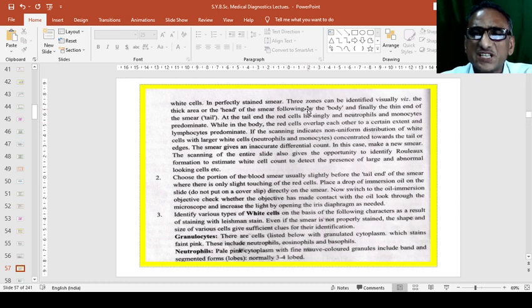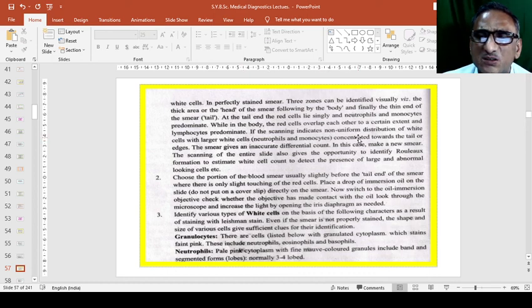Three zones can be identified visually: the thick area at the head of the smear, followed by the body, and finally the thin end of the smear, which we can call the tail. At the tail end, the red cells lie singly and neutrophils and monocytes predominate, while in the body the red cells overlap each other to a certain extent and lymphocytes predominate.